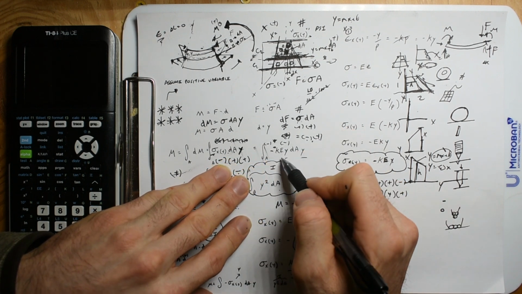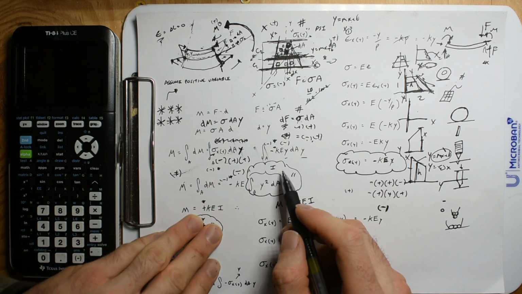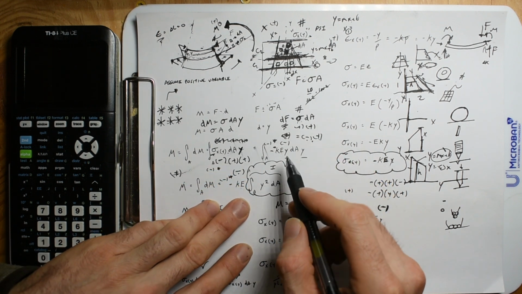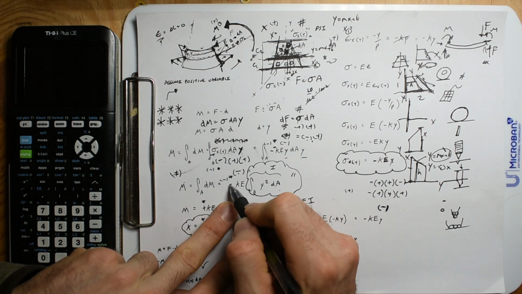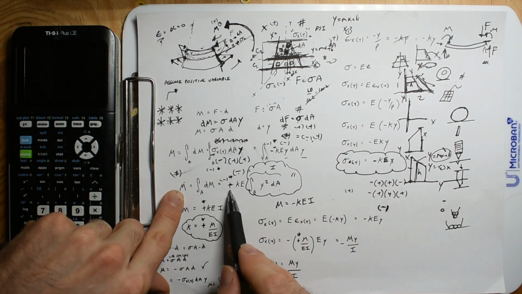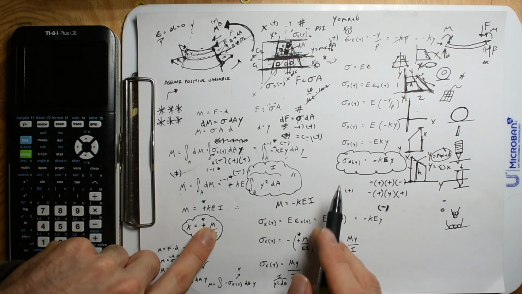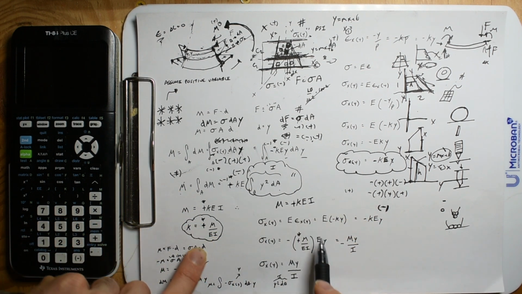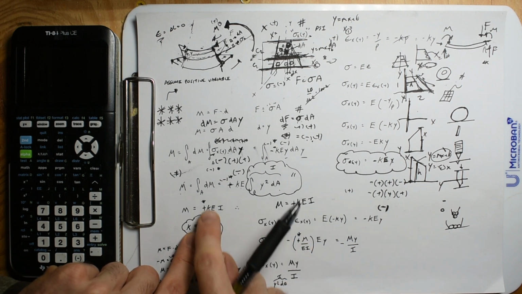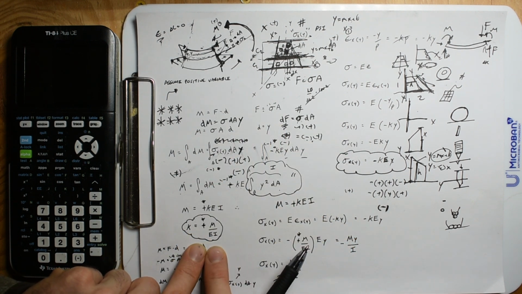And so that's going to be a positive value. Yep, so we're going to have positive Ke. Yeah, we just destroyed this one, so maybe for another day. But moment is equal to positive KEI. Yep, and yeah, I didn't double check all my asterisks through there.